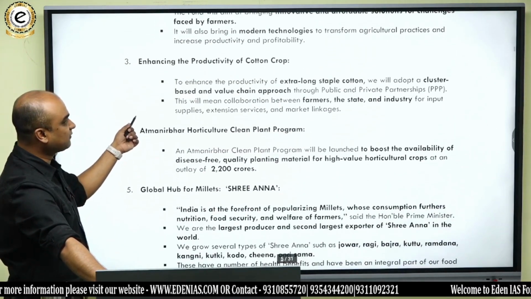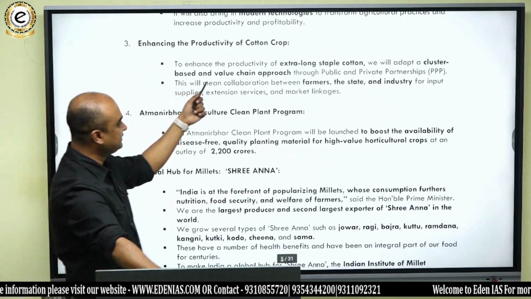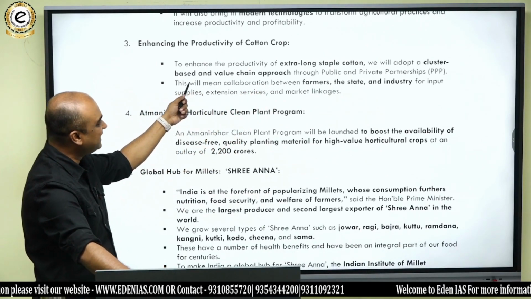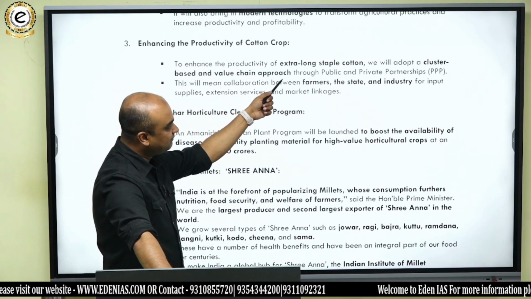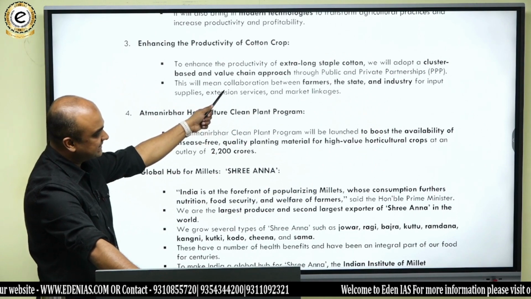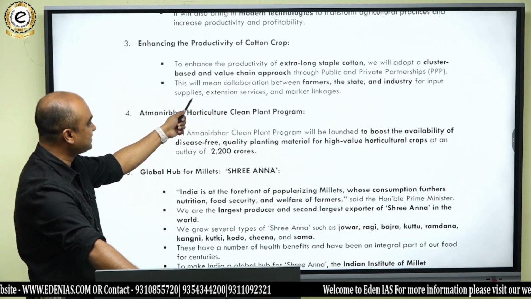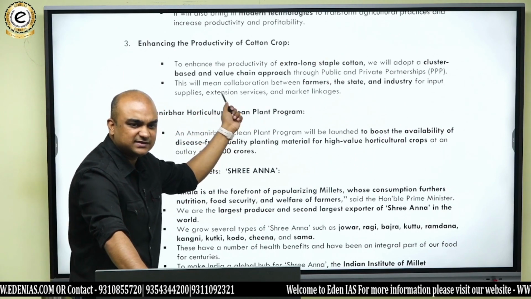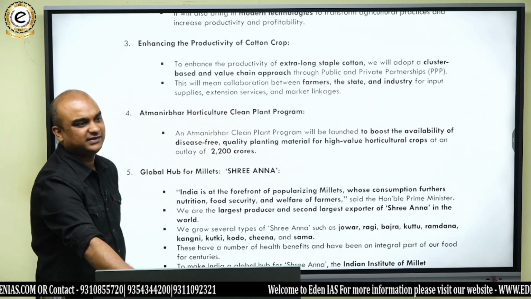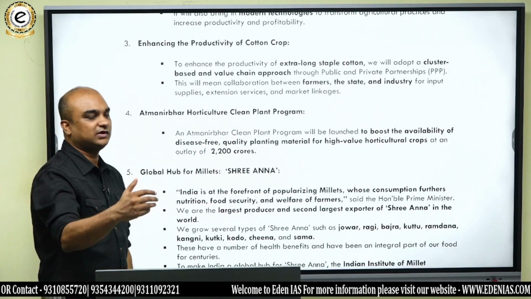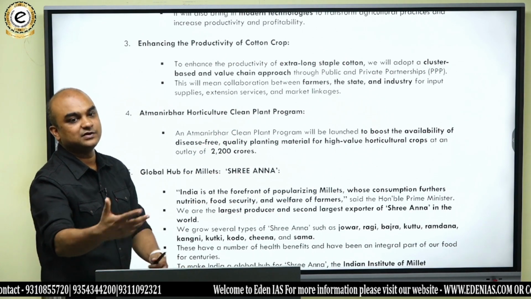Enhancing the productivity of cotton crop. To enhance the productivity of extra long staple cotton, we will adopt a cluster-based and value chain-based approach through public and private partnership. This will mean collaboration between farmers, the state and industry for input supplies, extension services and market linkages. What are these extension services? Extension services are those services which further helps in ease of doing business.